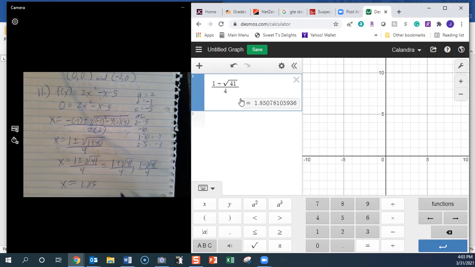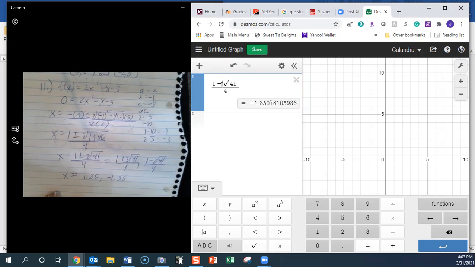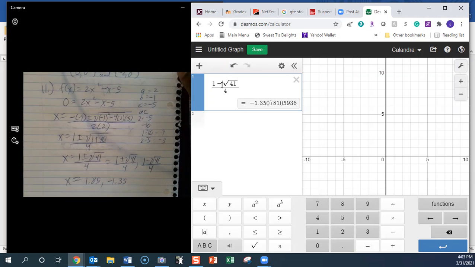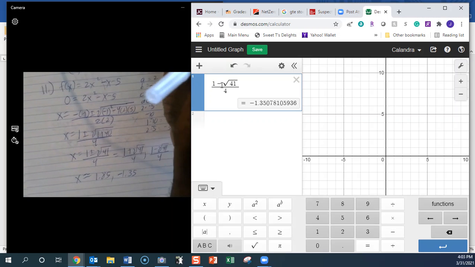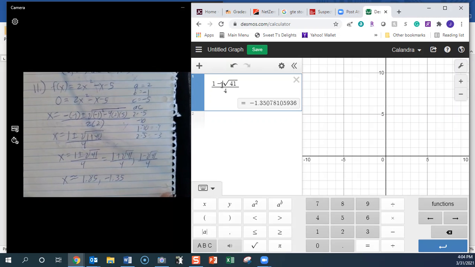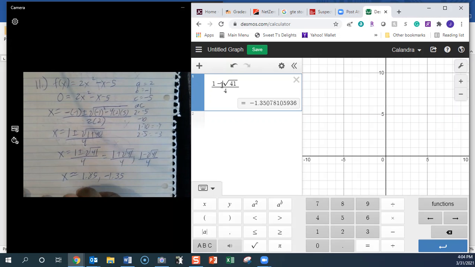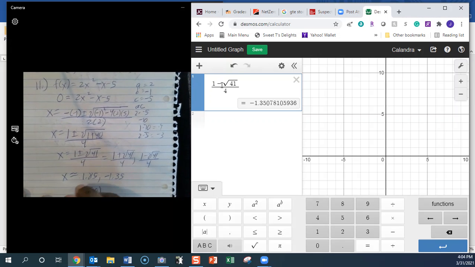So that'd be approximately. And then we will make this a minus. And then that'll be a -1.35. Now, these are the x values, but remember also, when you use the quadratic formula, it's also giving you the x-intercept. So this would give us 1.85, 0. And then it also would give us a -1.35, 0. Now that's if they wanted us to round it.